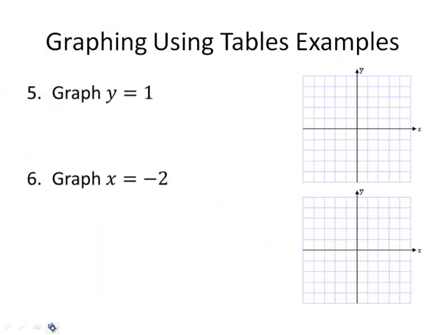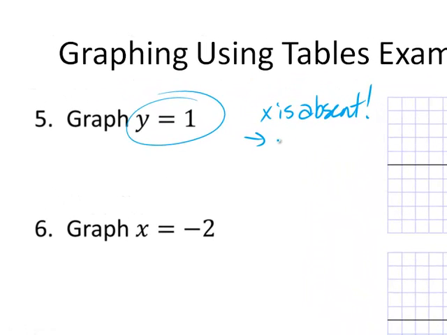All right, what about these ones? What if you had just y equals 1? That's all they give you. Where's the x? There's no x. X is absent. Yikes, what do we do now? Well, that means we can assign it to anything.